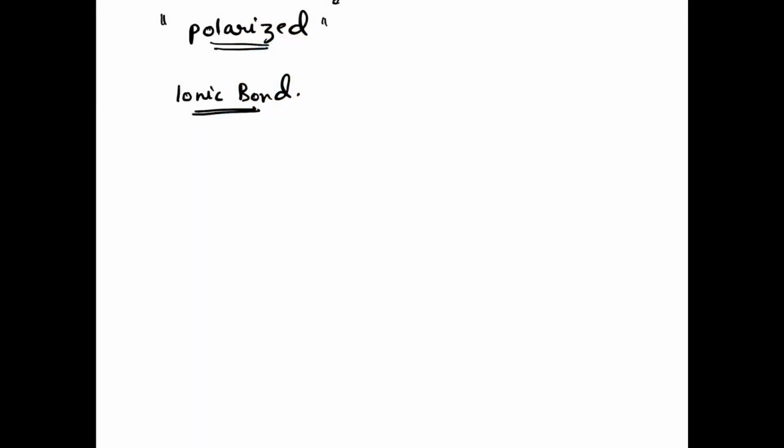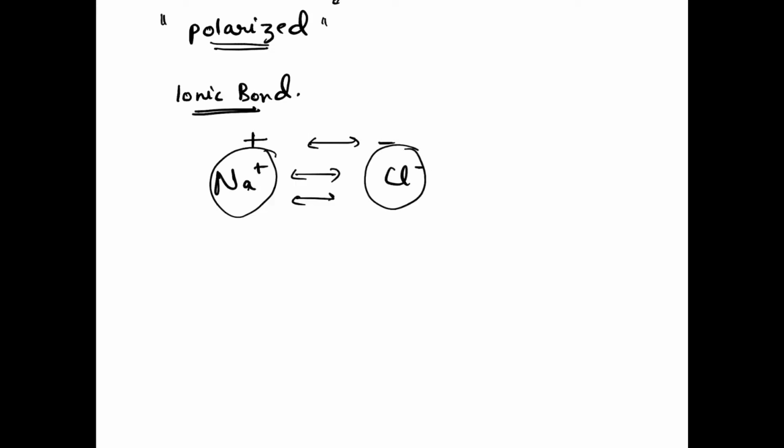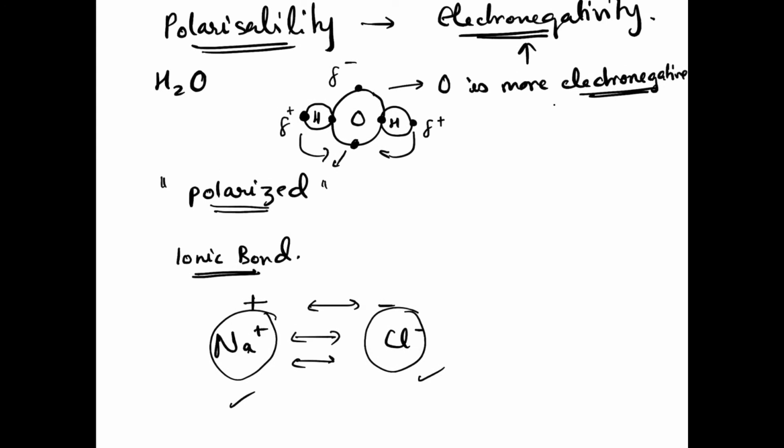In an ionic bond, we know that a permanently positively charged ion and a permanently negatively charged ion get attracted to each other due to electrostatic forces. So you've got Na+ and Cl-, for example. They have permanent charges each, but over here there is a partial distribution of charges.